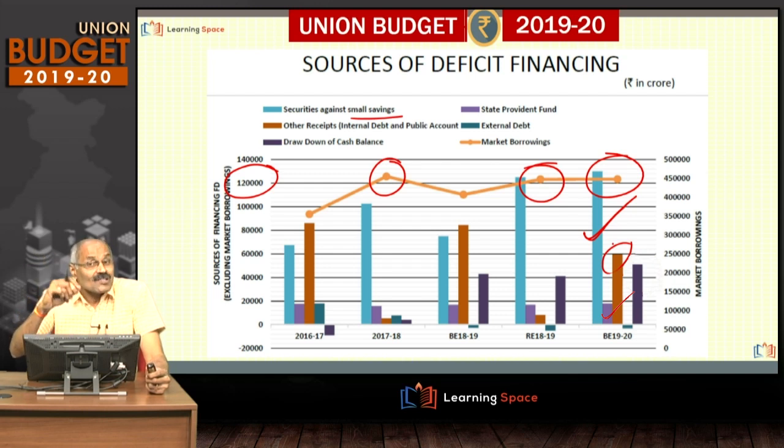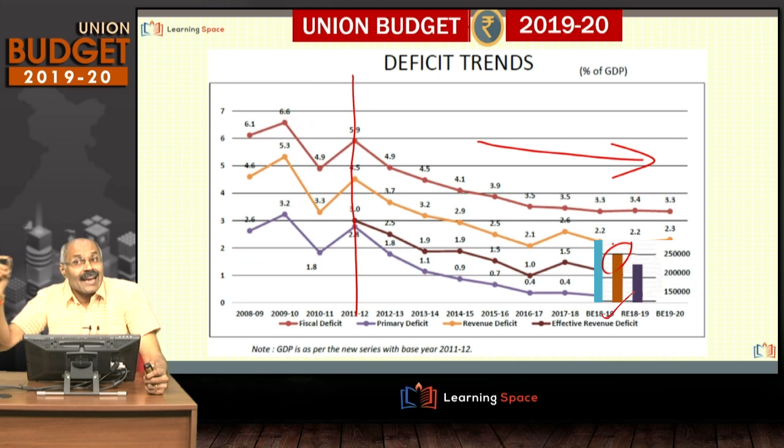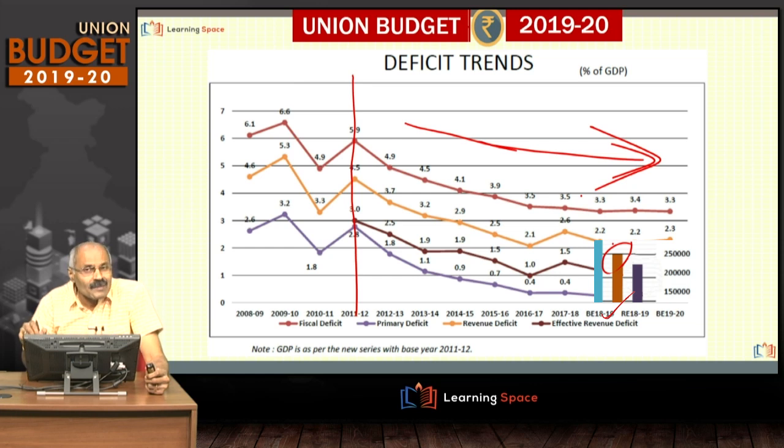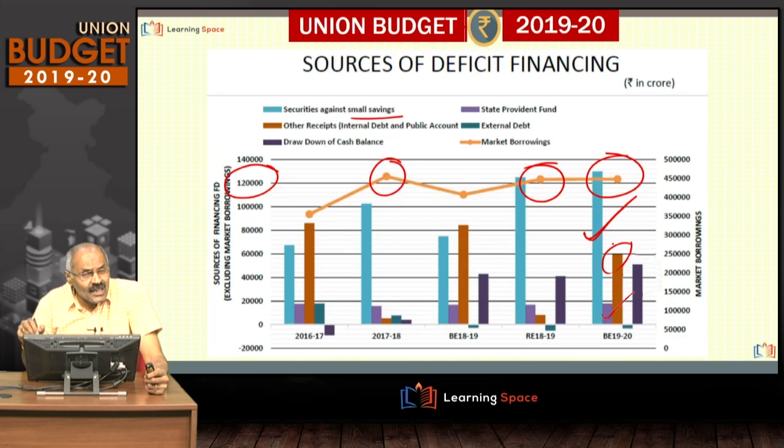Of course, as percentage of GDP, it is coming down from 3.4% to 3.3%, and the glide path also we have seen. Here you see it came down from 5.9% to 3.3%. But in absolute terms, the fiscal deficit is at present around 7 lakh crores of rupees, but the government is maintaining almost the same range of market borrowings.